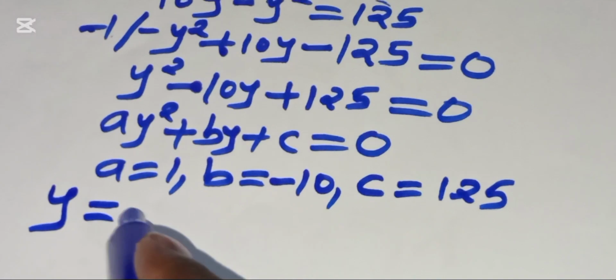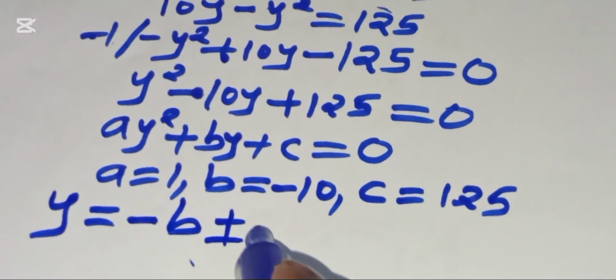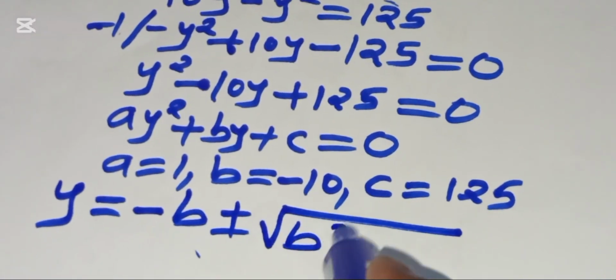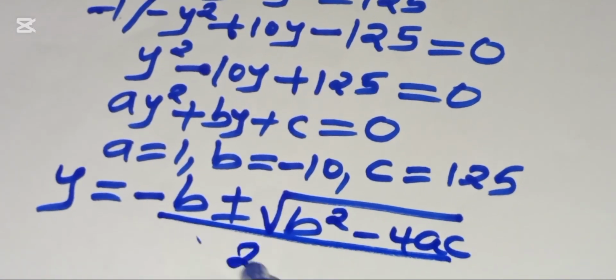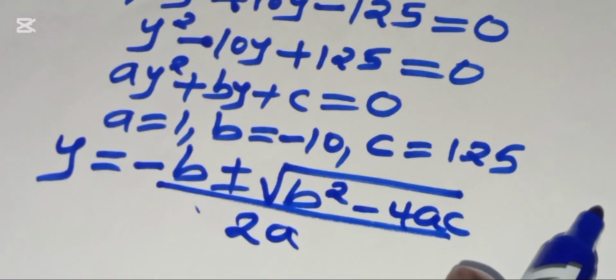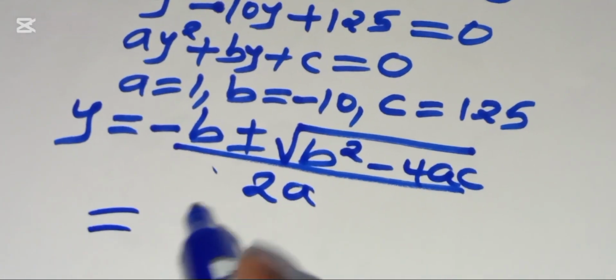Now, to solve for the value of y, we apply the quadratic formula, which is negative b plus or minus the square root of b squared minus 4ac, divided by 2a. Let's substitute.